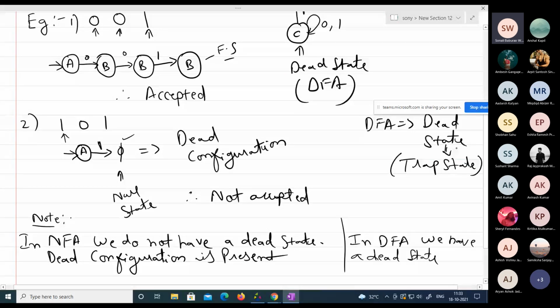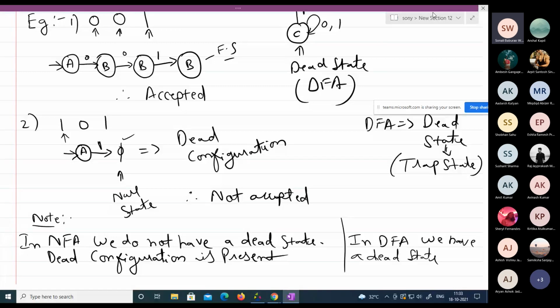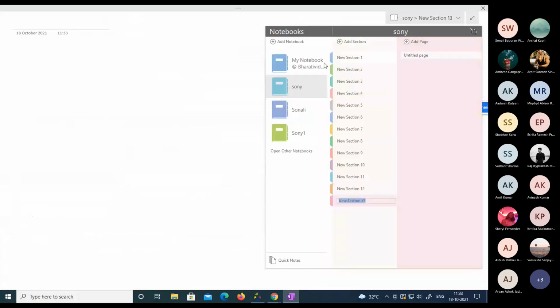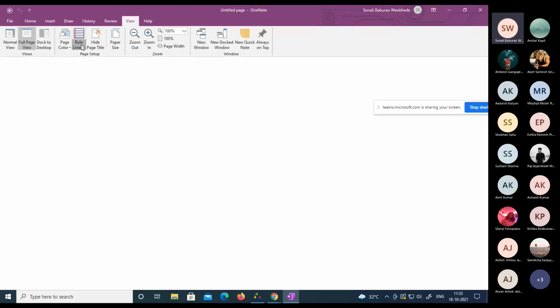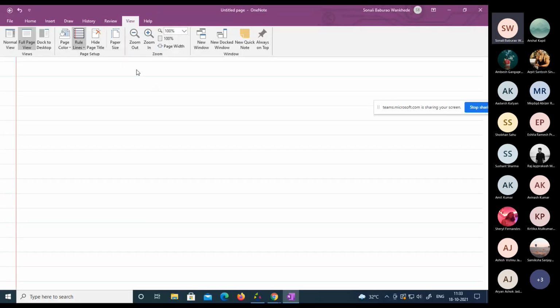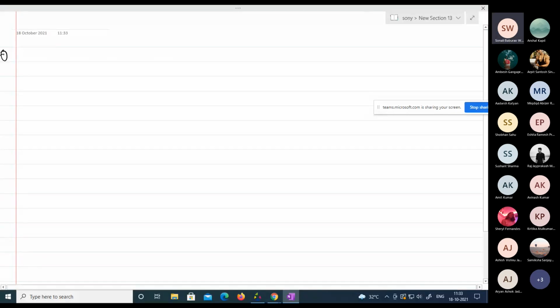Now let us take one more example and you try to solve it. Now question number 2. Try to draw this, make an NFA.